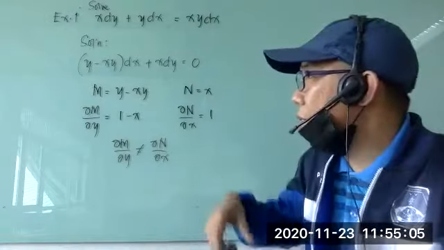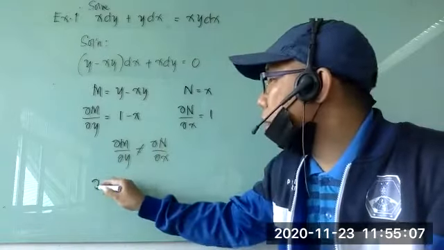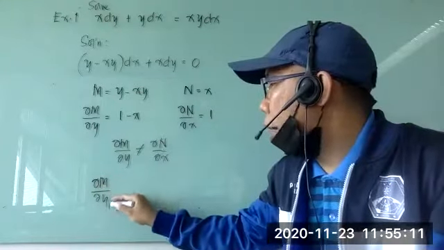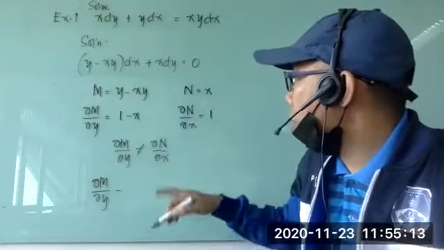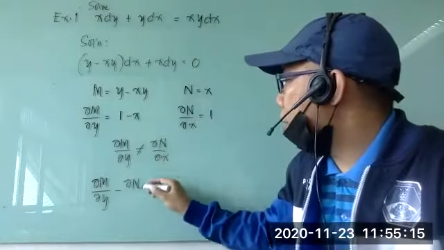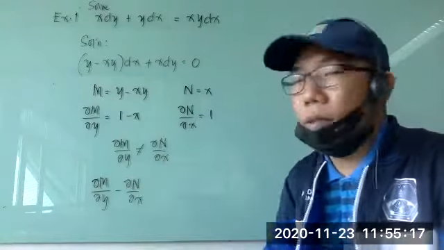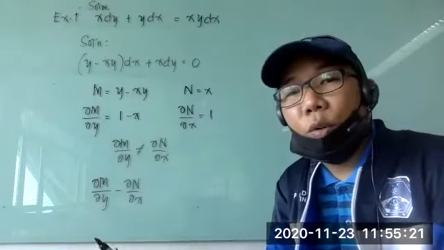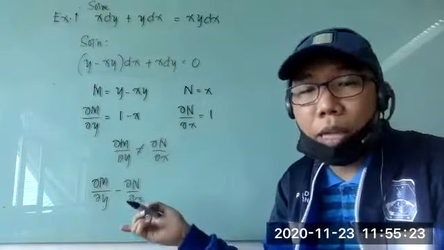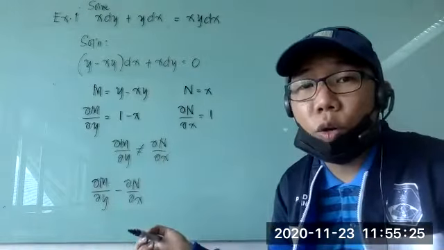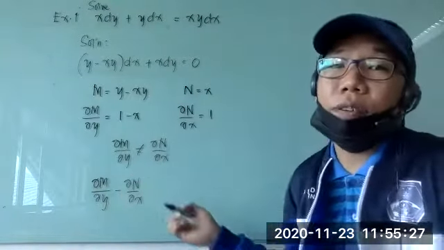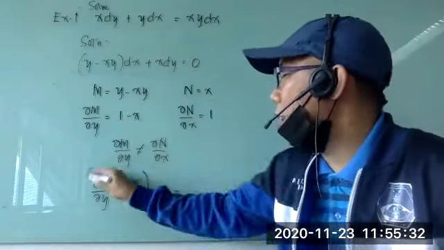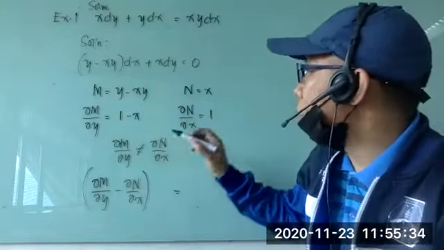So we take the difference: partial of M with respect to y, we subtract partial of N with respect to x. We do not decide yet if we're going to divide the difference by M or N. It depends on the resulting difference, so we'll think about that later.